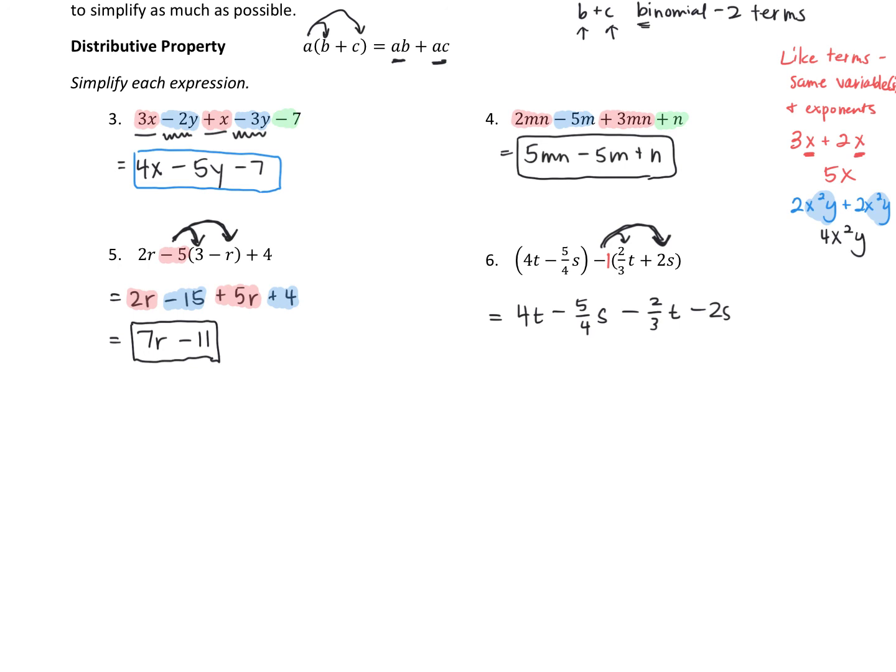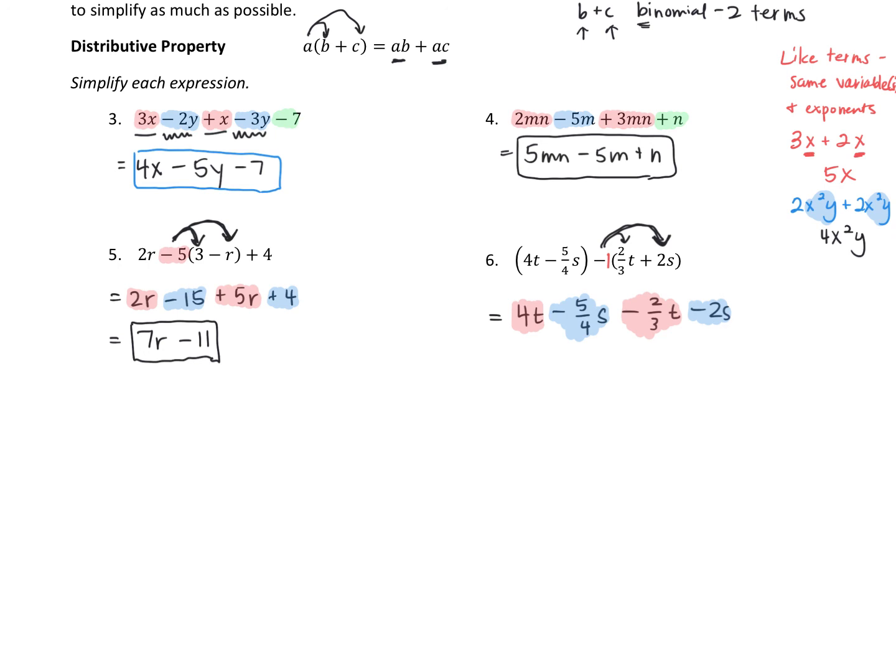So it's going to change it to a negative 2s. All right, now I have to find like terms. So I have 4t, and I have another t, the negative 2/3 t. And then I have a negative 5/4 s, and I have a negative 2s. So those are my like terms. So I'm going to combine them.